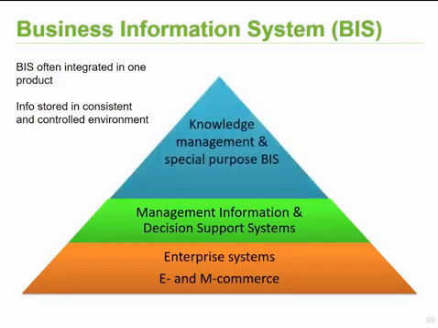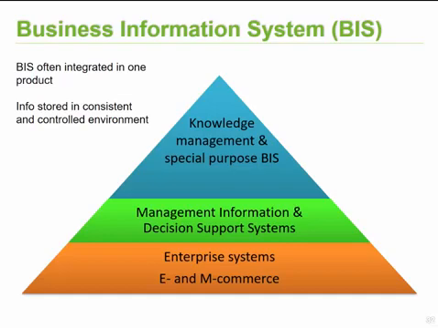And then at the top of the pyramid, we have more specialized systems, which allow us to manage the knowledge within our company, as well as various other specialized information systems. Now let's see who are going to use the systems on each of the different levels.